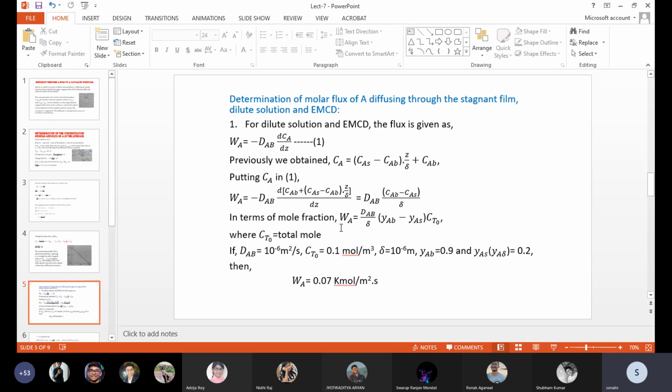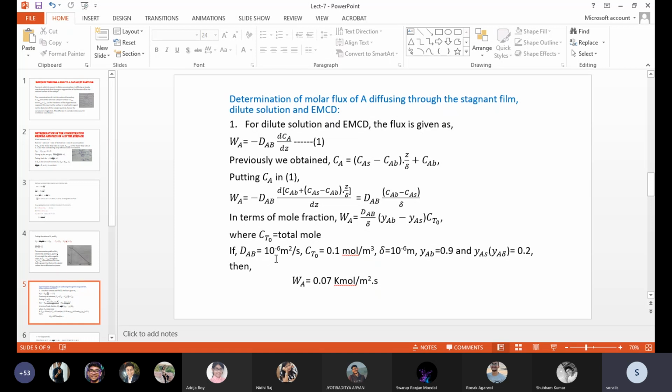In terms of mole fraction, instead of concentration, we put mole fraction, so instead of C_AB we write Y_AB, instead of C_AS we write Y_AS, and we have to multiply by the total moles C_T0, the total molar concentration. Now one example I have given here, just for your information.